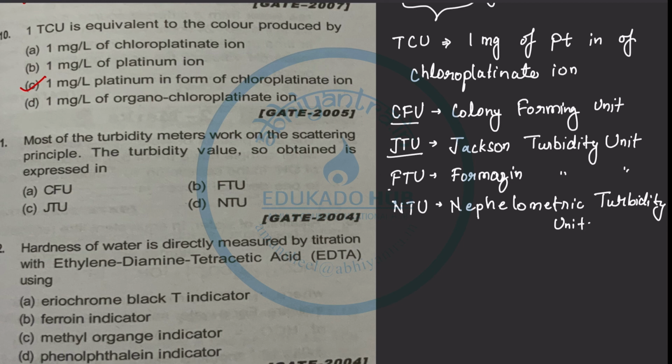NTU measures the turbidity by scattered light at 90 degrees from the incident light beam. And NTU is most often used when referencing standard methods for the examination of water and wastewater. So the option will be NTU.